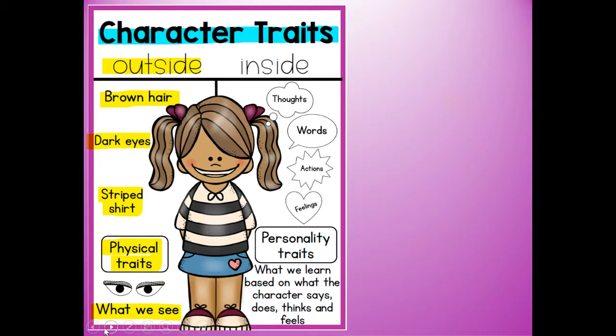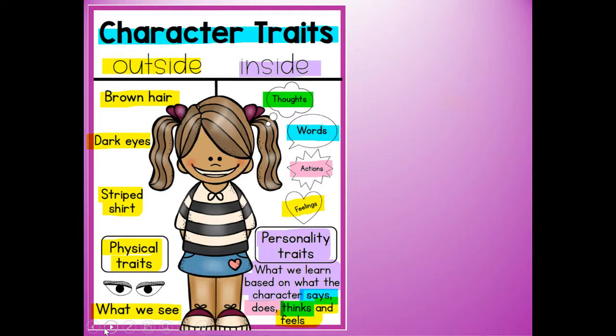But when we look at a character, we also look on the inside, their personality, how they are on the inside. What we learn based on what the character says, their words, does, their actions, thinks, their thoughts, and feels, their feelings.